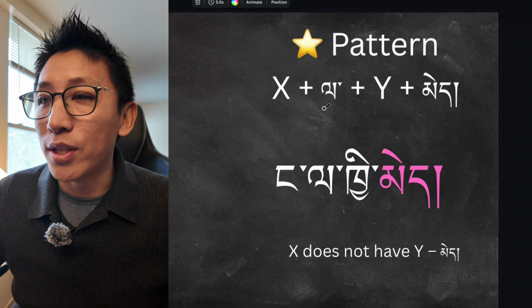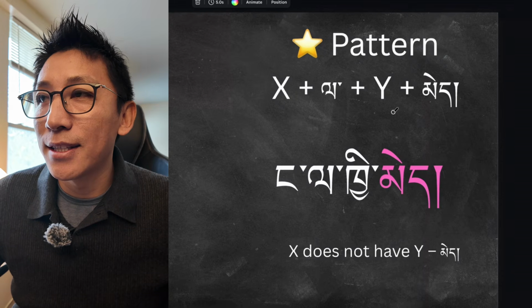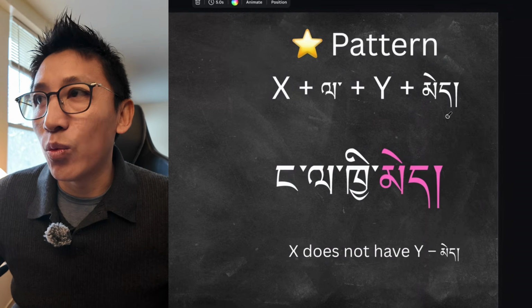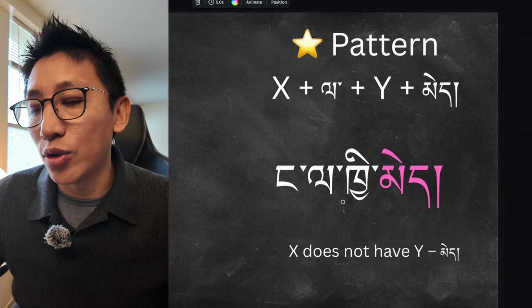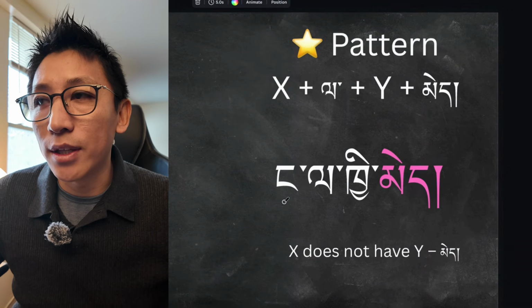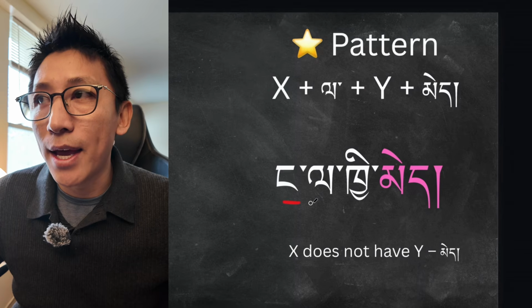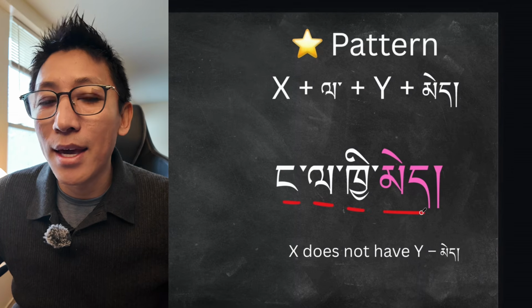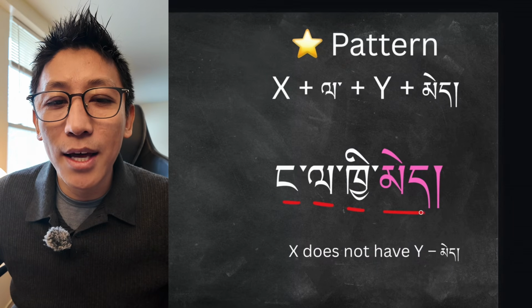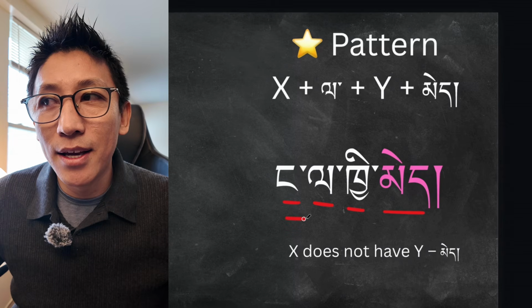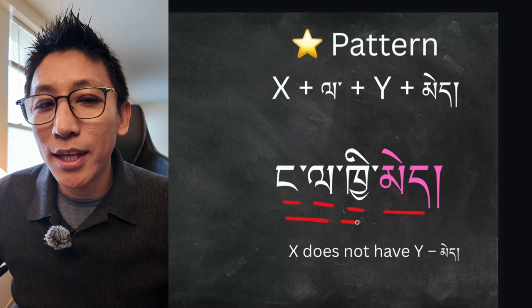The structure pattern is X has Y. So right now here we are using X hasn't Y. So X doesn't have Y. In this kind of structure, we say "nga la ki me".